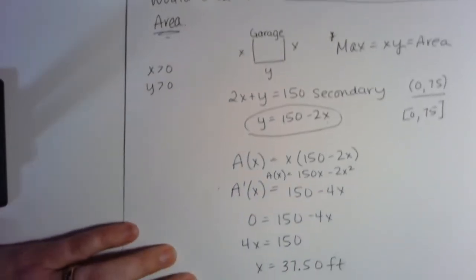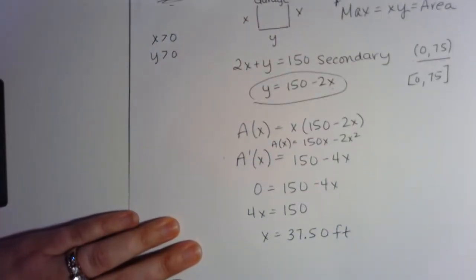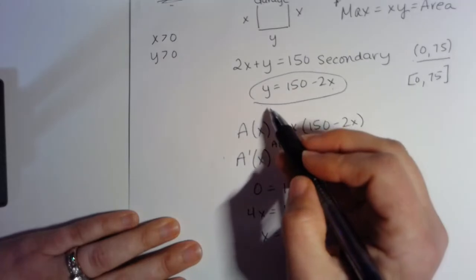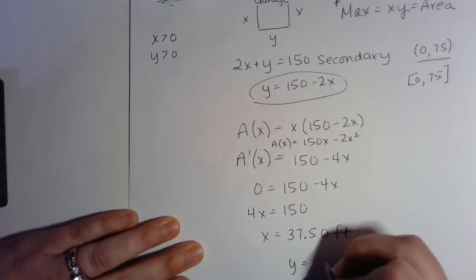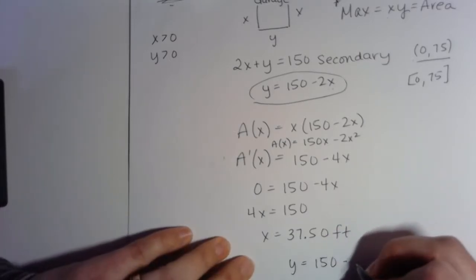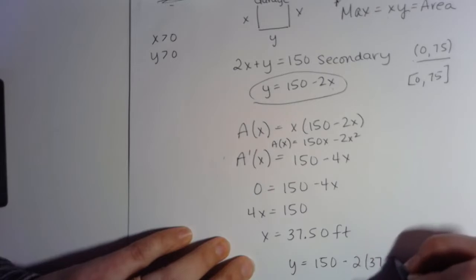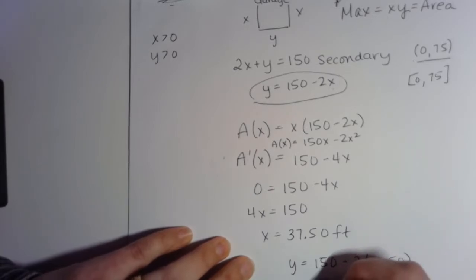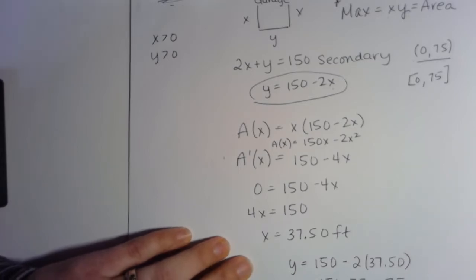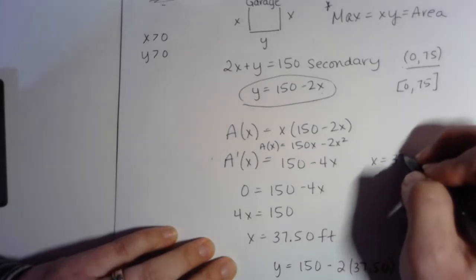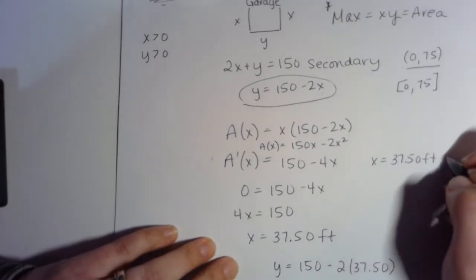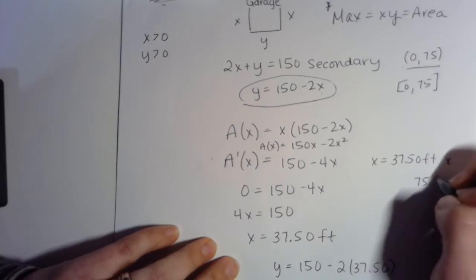So one side is 37.5 feet, and then I come back to my secondary equation that I have all solved for y. I pop in my x, and that tells me that y is equal to 150 minus 2 times 37.5, which ends up being 150 minus 75, which is 75. So I end up with my dimensions as x equals 37.5 feet by 75 feet.